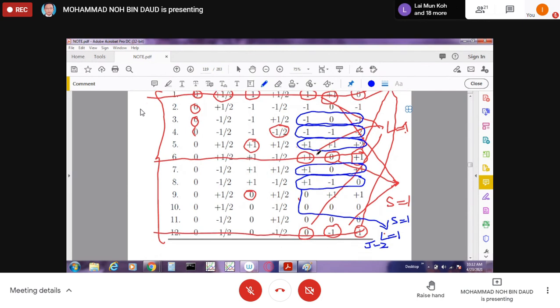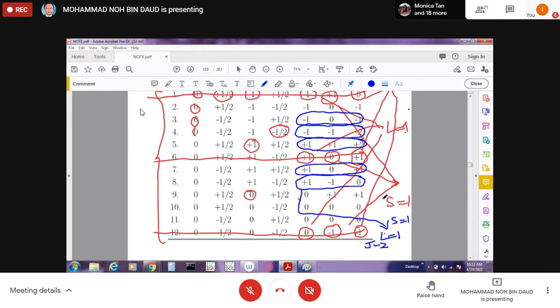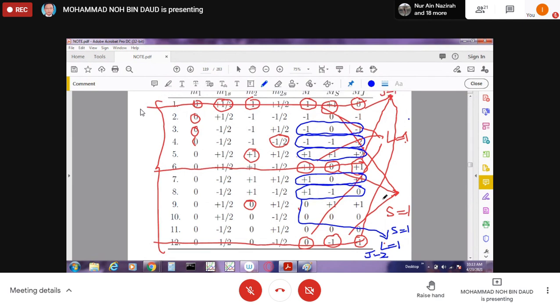Okay, only one here. This is L1, and then 0. We must have here another combination of L. Oh, 0. So this is 0, negative. So we cannot use this one.